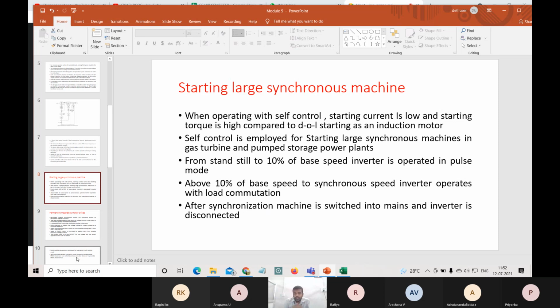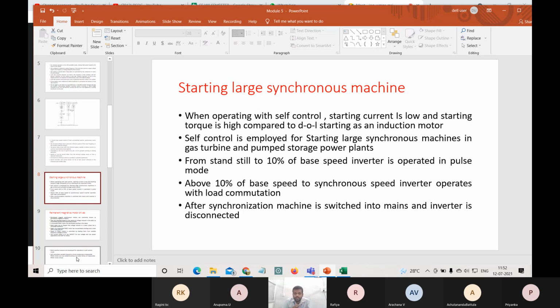Compared to an induction motor, here in the synchronous motor the starting torque is high, and the starting current is low.